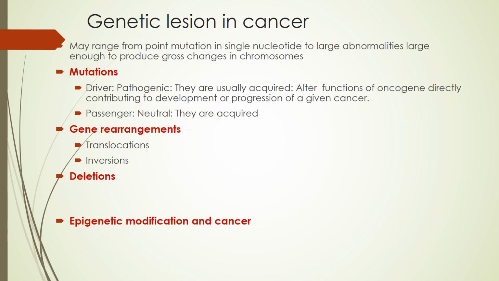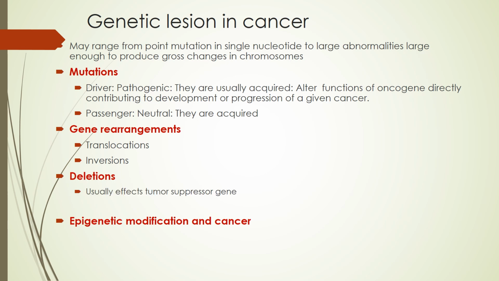Inversion: one part of the chromosome breaks and instead of rejoining at the same point, it inverts itself upside down, and the down portion attaches to the broken part. These are called inversions. Now the gene structure has changed, and a new novel gene is formed.